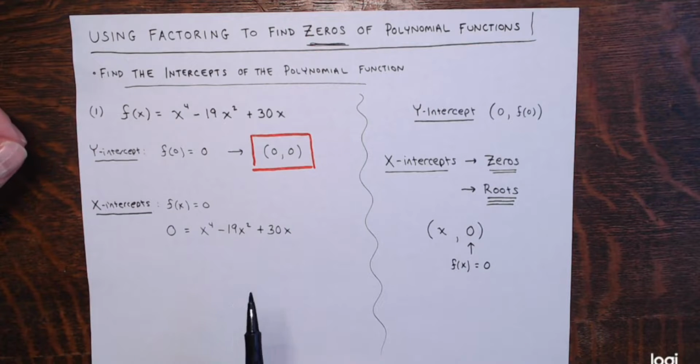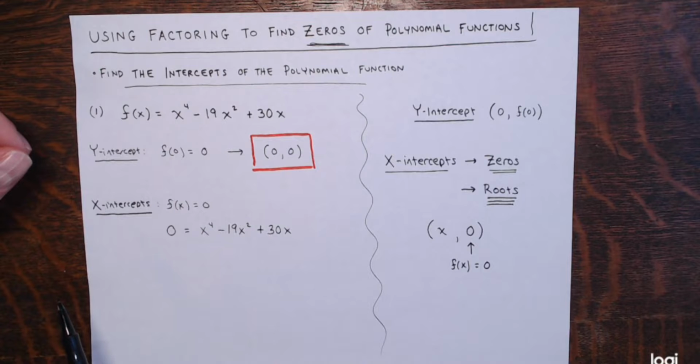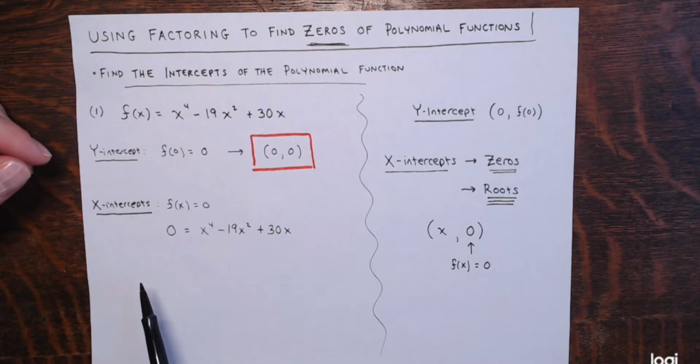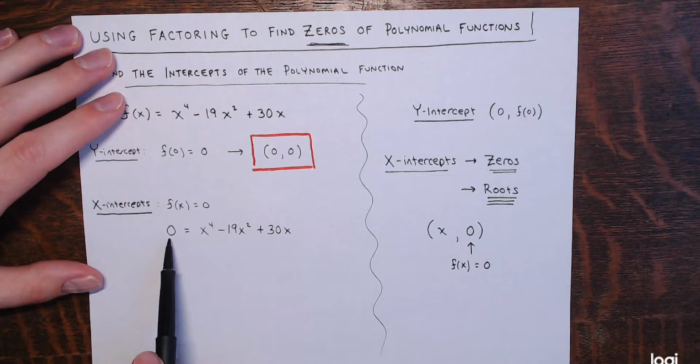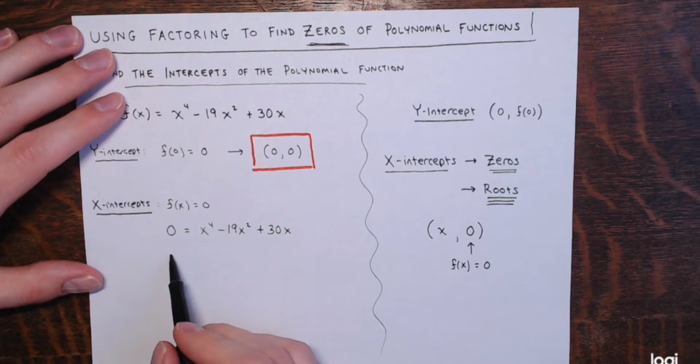The title is using factoring to find zeros. You may recall from solving quadratic equations in previous videos, the way we solve those by factoring is exactly the same way we're solving these equations. You have 0 on one side, everything else on the other, and then you factor that polynomial completely.